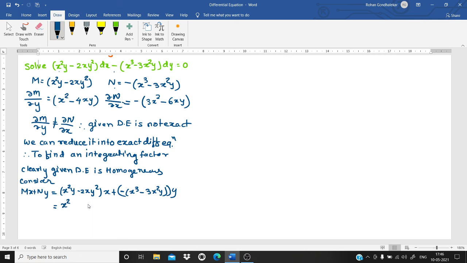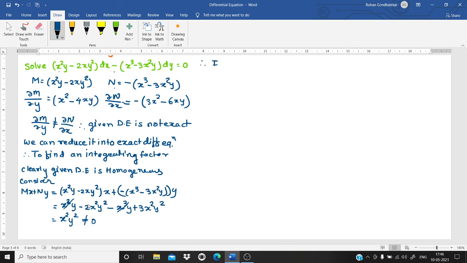This is x square into x becomes x cube y minus 2x square y square. The minus will be taken inside, minus x cube y, minus minus becomes plus 3 x square y square. So x cube y minus x cube y will get cancelled. This is minus 2x square y square. This is plus 3x square y square. Hence my answer is x square y square, which is of course not equal to 0.